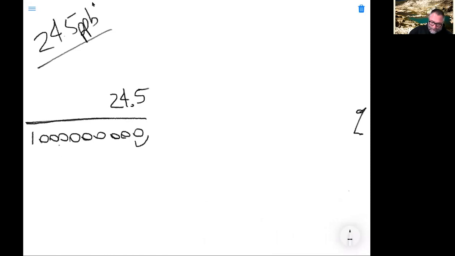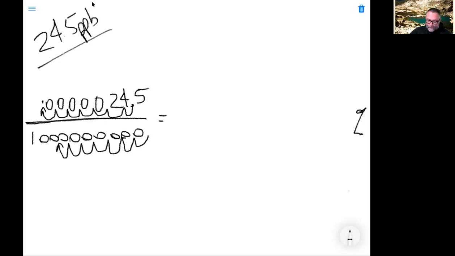So that would be 1, 2, 3, 4, 5, 6, 7 moves of the decimal. So again, 1, 2, 3, 4, 5, 6, 7 moves of the decimal. And so, you know, it's like crossing off zeros. And so I'm just going to fill in my gaps. And there you have it.